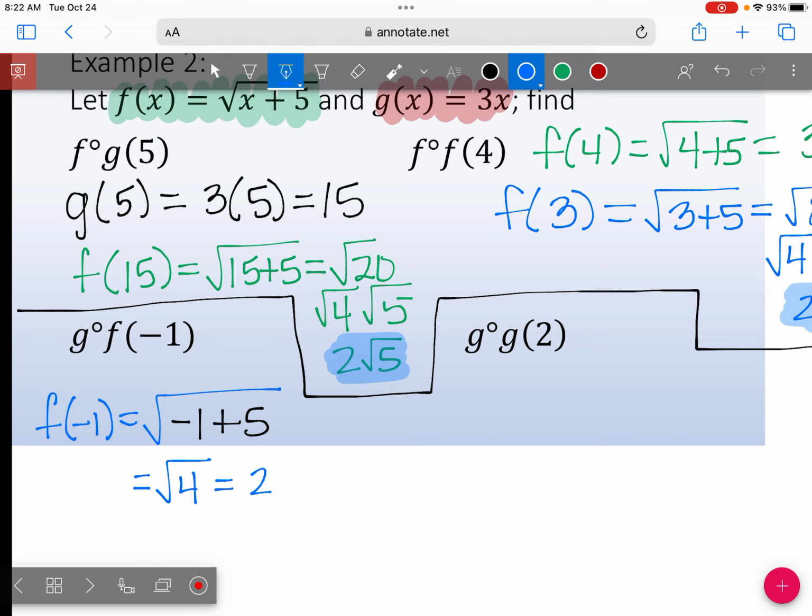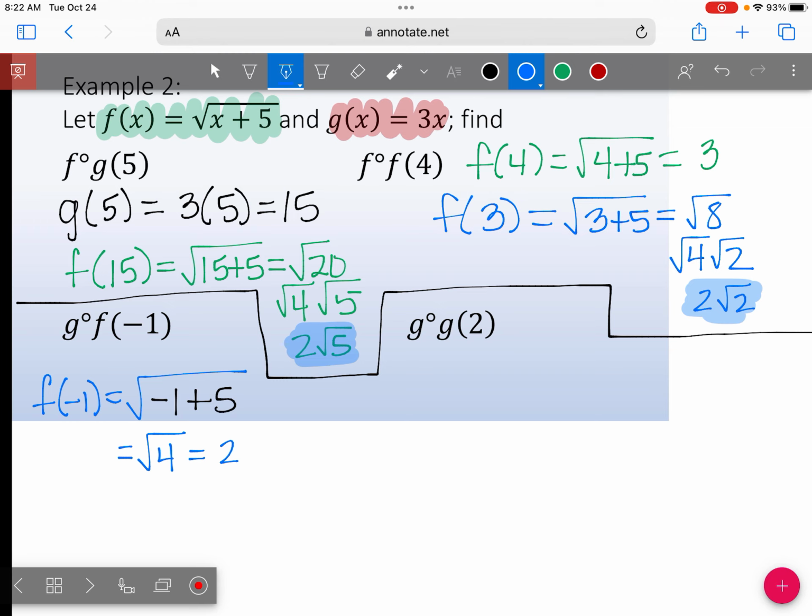And now, who got 2 for f of -1? So now put that 2 into what function now? G. So find g of 2, which is 3 times 2, which will be 6.